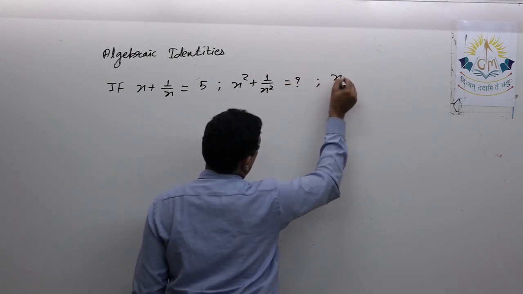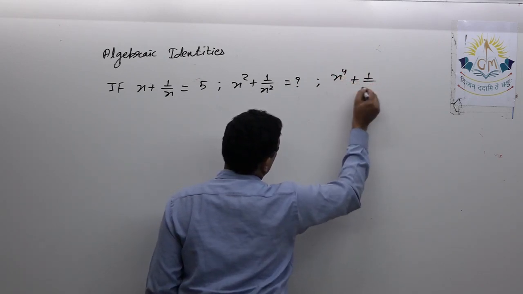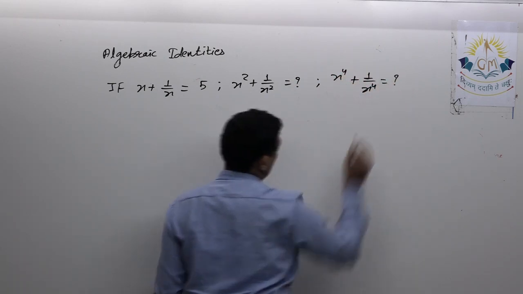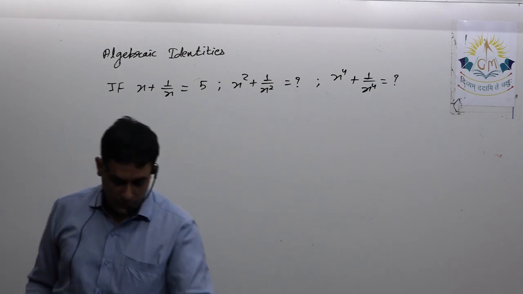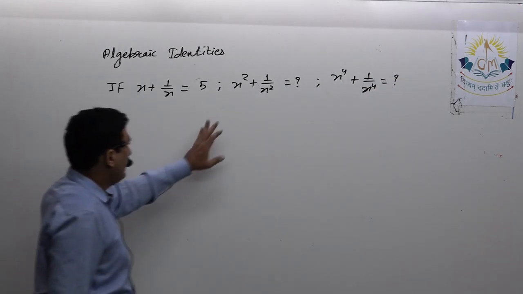Also, x raised to 4 plus 1 upon x raised to 4 is equal to what? Okay, x plus 1 upon x is given, you have to find these two.